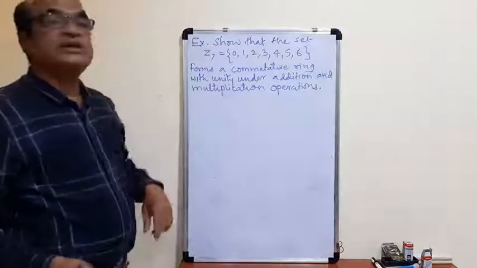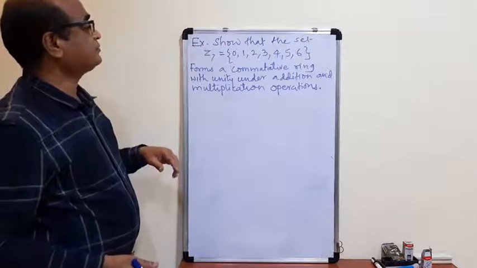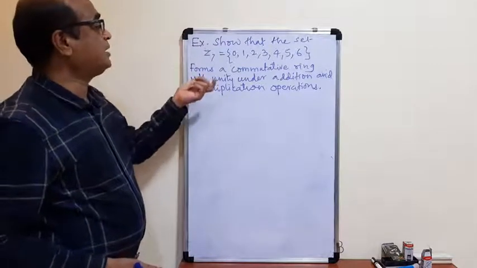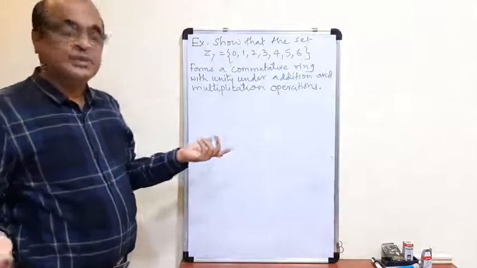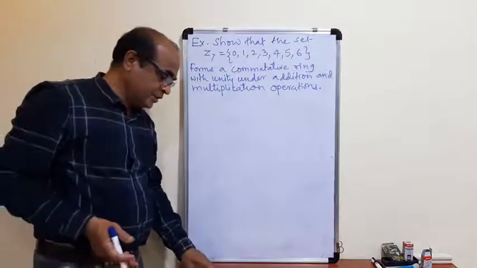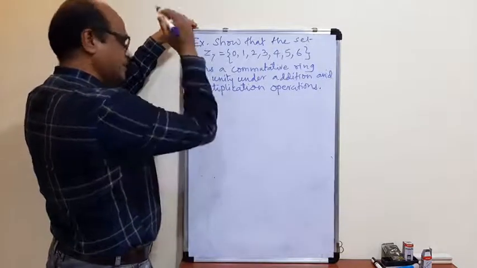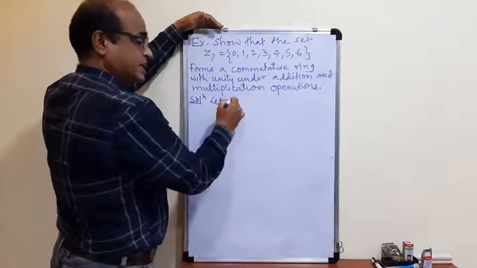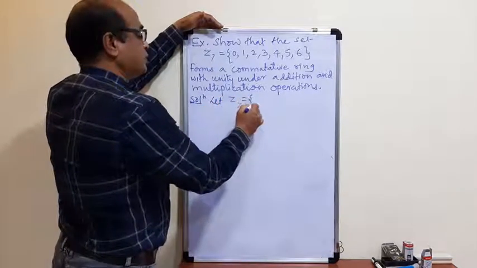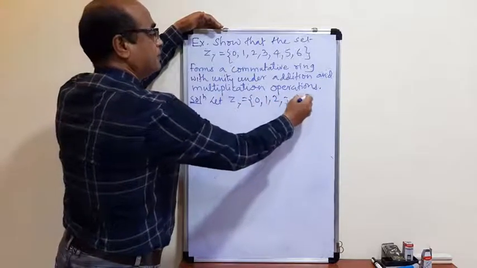So prove that Z7 is a ring under the addition and multiplication operations. So what is the solution? Show that this set is a ring. Let Z7 be the set 0, 1, 2, 3, 4, 5, 6.